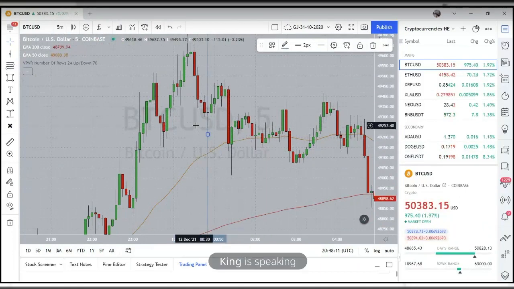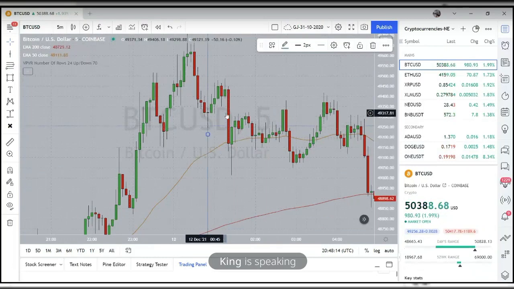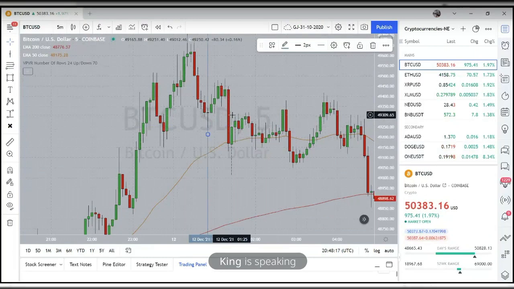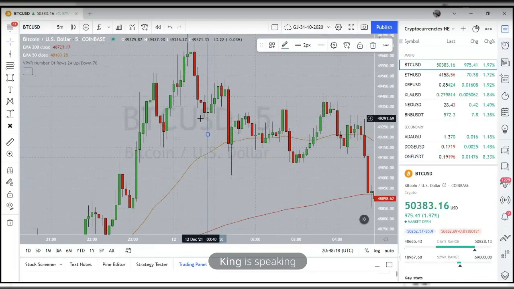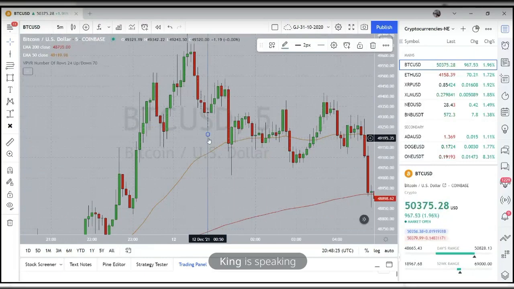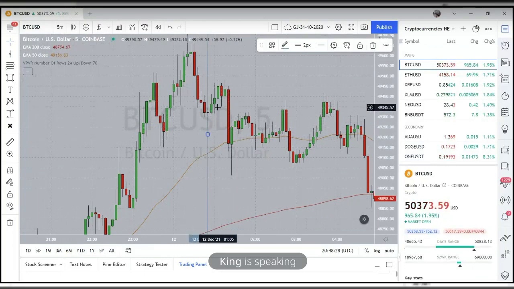Power of 3 is basically a candle making a low, and then 2 candles either side of it, or 5 candles either side of it, with higher lows than their previous candles. So even though you haven't got this candle with a higher low, this is more of a power of 3 than a power of 5, but it is kind of a power of 5. This one's a bit buggy.